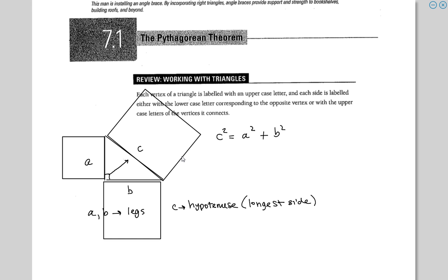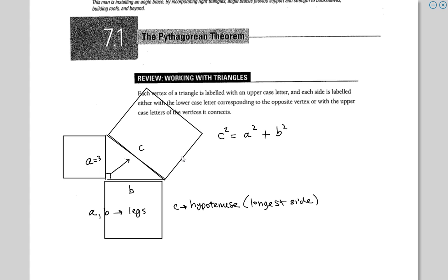So let's take a look at a famous example. Let's say that A was 3 and B was 4. So if you go 3 times 3, you get the area of this square to be 9. 4 times 4, you get the area of this square to be 16.